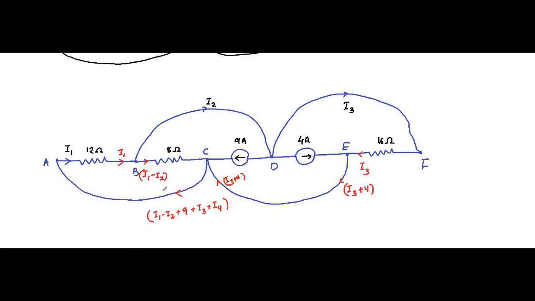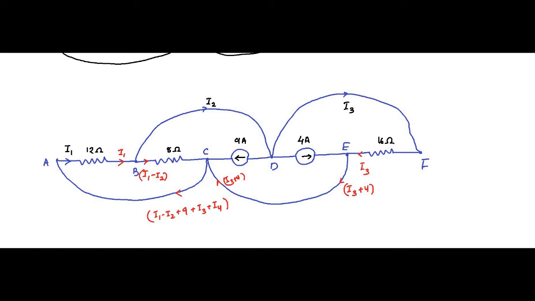Now it's all about application of KVL. Another interesting thing is happening. This current here is I1 minus I2 plus 9 plus I3 plus 4, but here also it is I1, the same current.